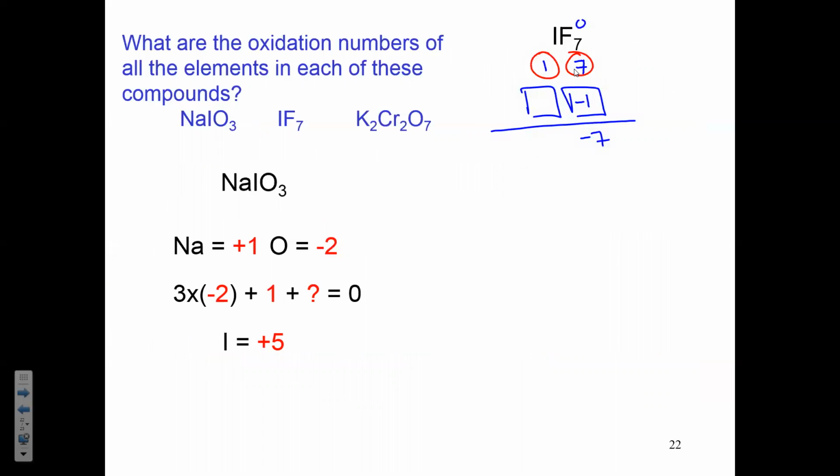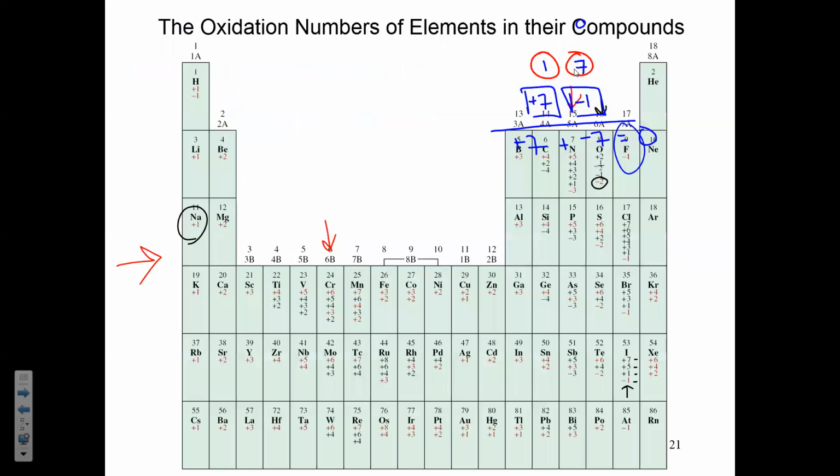We need this overall compound to be 0. So this one is going to have to be a +7, because then +7 plus a -7 gives us 0. And that is exactly correct. We could check that again to make sure that iodine is allowed to have that, and we saw iodine could have a +7 as well.